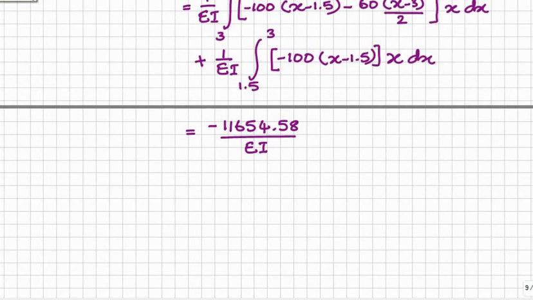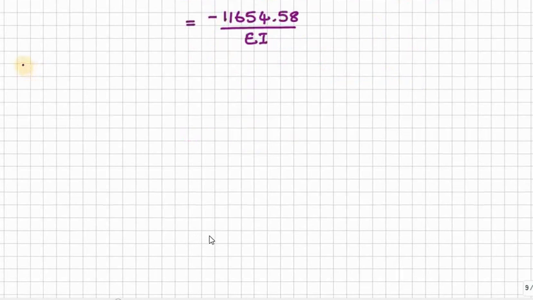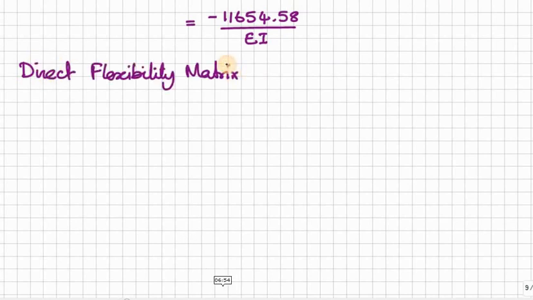So the next step is to populate the flexibility matrix by the direct flexibility matrix approach. The general expression for the displacement coefficient is small delta ij equal to the integral of small mi small mj divided by EI into dx.